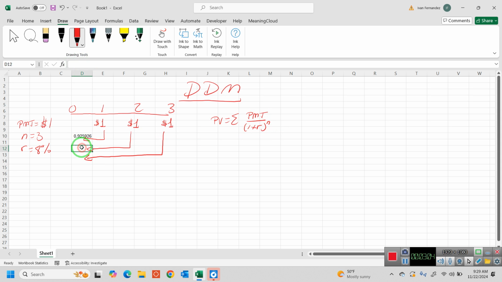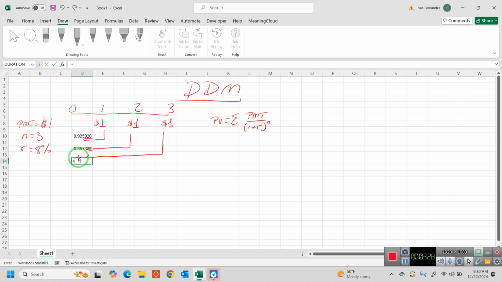I'm going to do it here as well. So I do 1 divided by 1.08 raised to the second power.